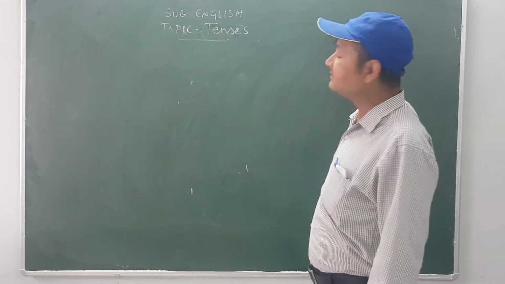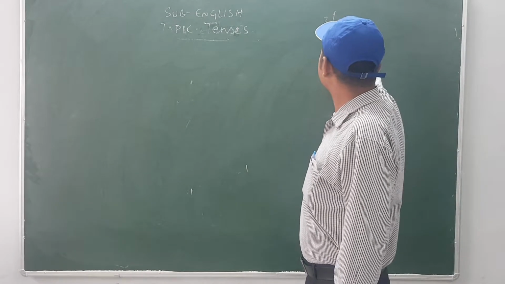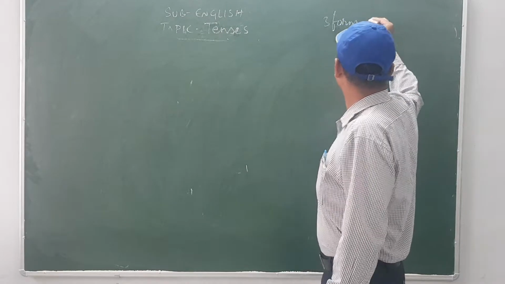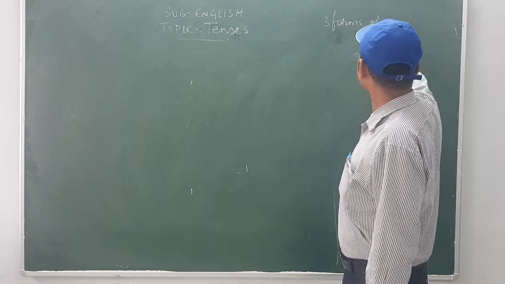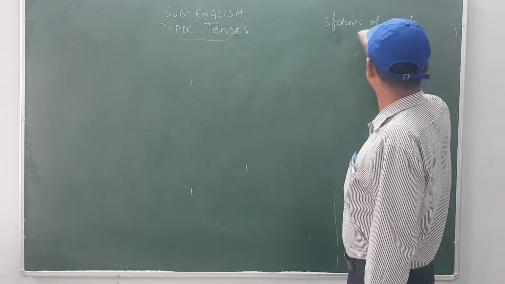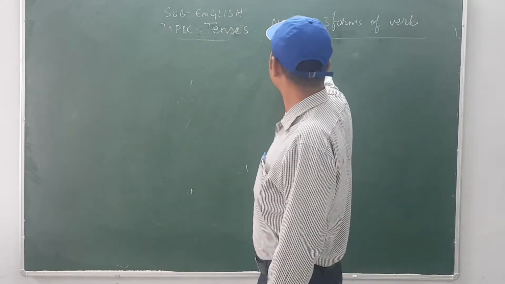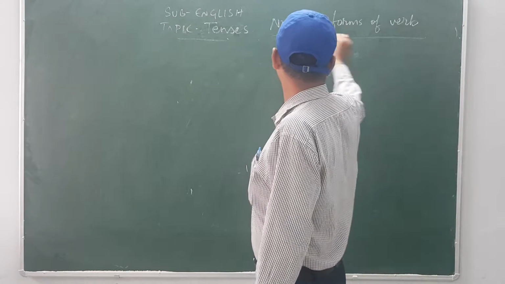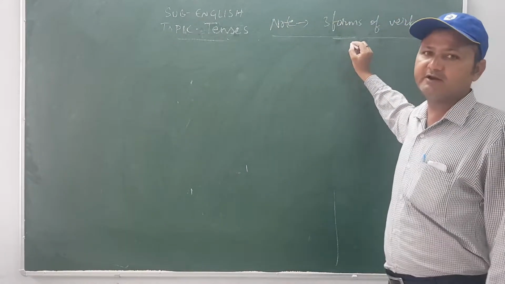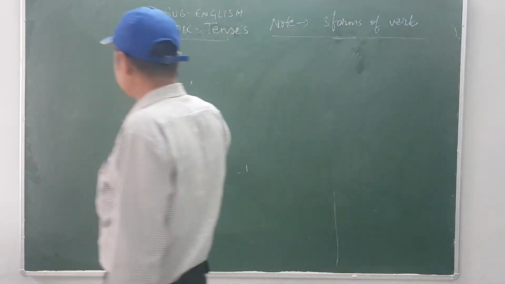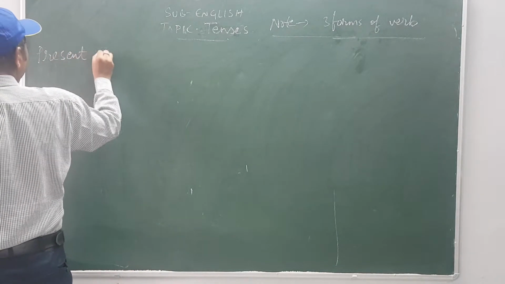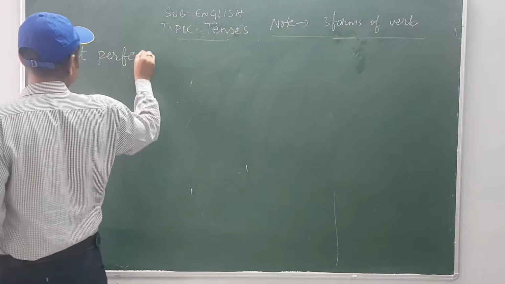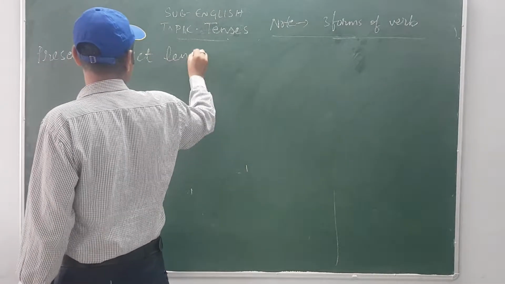I want to say that all the three forms of verb should be in your mind to form the tense or to form the sentence. It is a note for you that all the forms of the verb should be in your mind. Now, the third part of the present tense is your present perfect tense.